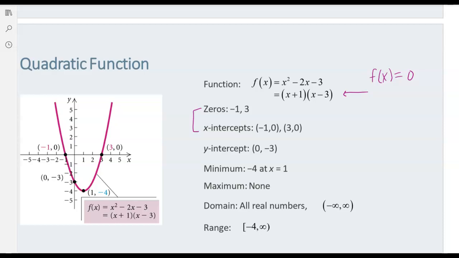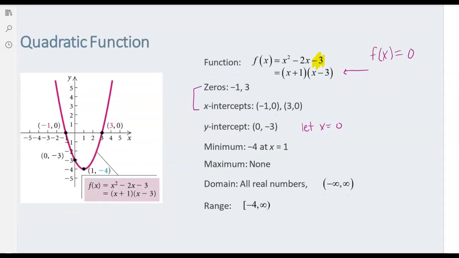The y-intercept is going to come from when we let x equal 0. And when we plug x into the original, the first terms will go away, and we'll just be left with that constant term. So the y-intercept is going to end up being that last number that's by itself, 0, -3.